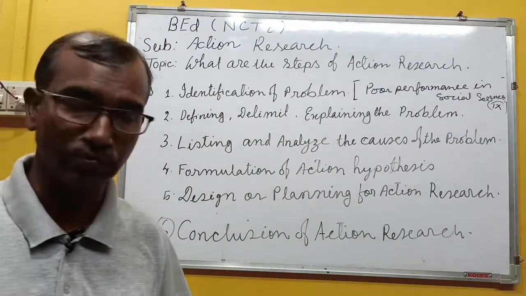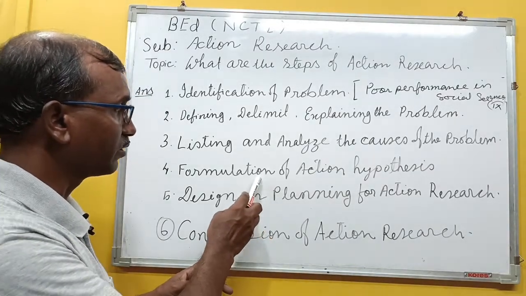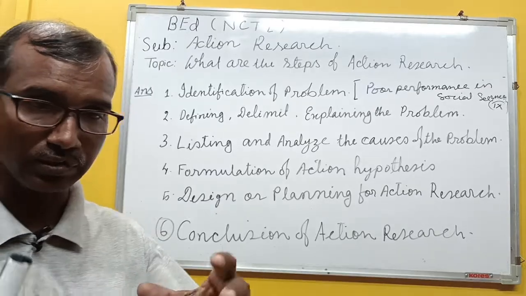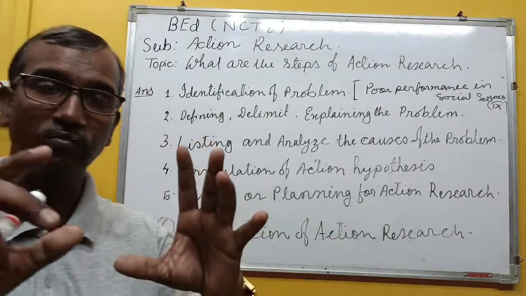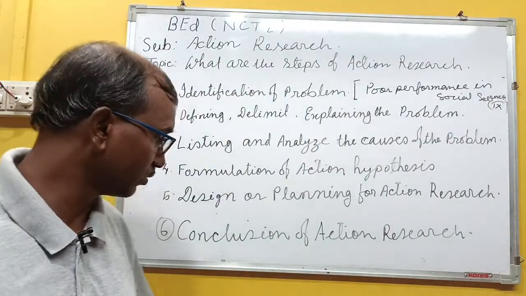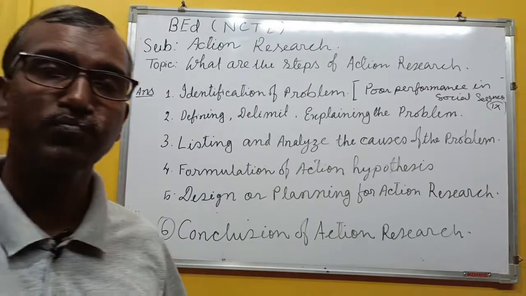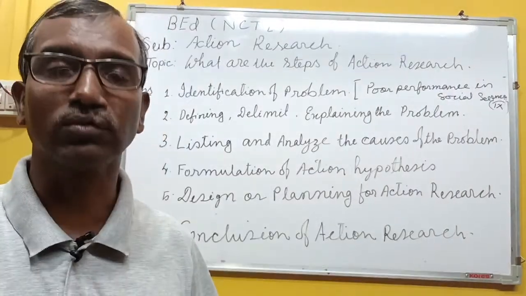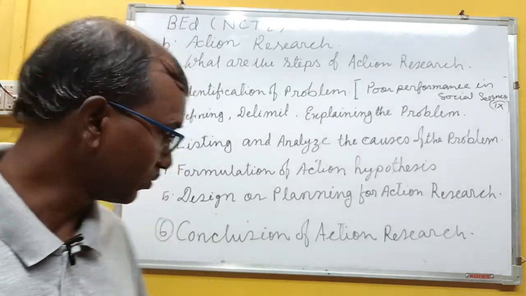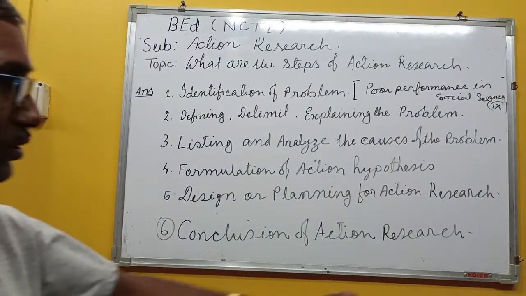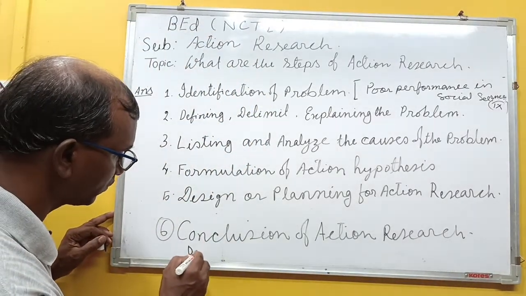So that will be the acceptance of the hypothesis, yes, that the poor performance was due to the traditional method. So finally the teacher will draw the conclusion and will take some decision also on what to do to solve the problem. So actually conclusion and decision also we can write here, conclusion and decision.